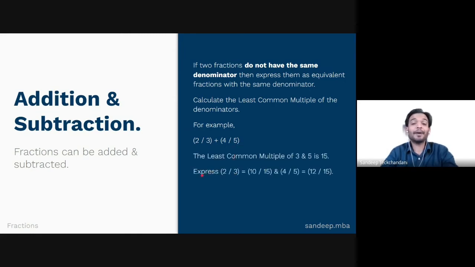In the next step, I'll express 2 upon 3 as 10 upon 15 and 4 upon 5 as 12 upon 15. Now the denominators have become equal, that is 15. So I'll go ahead and add their numerators, which are 10 and 12. So 10 upon 15 plus 12 upon 15 will give us 22 upon 15.